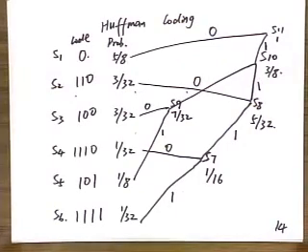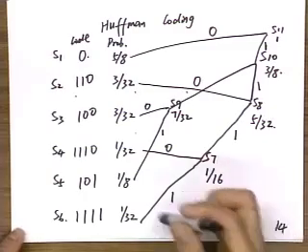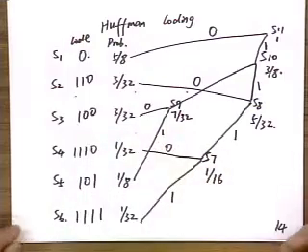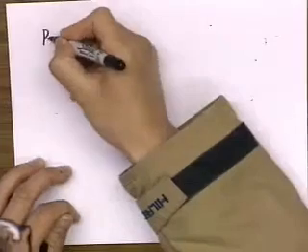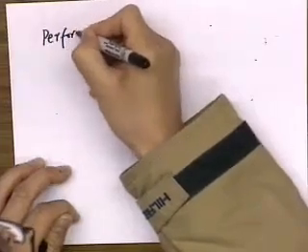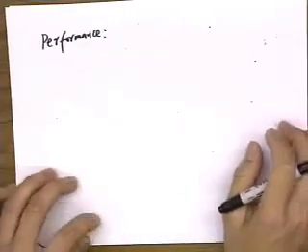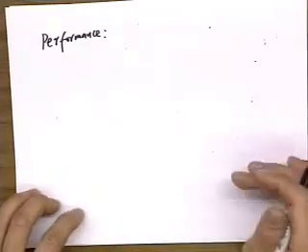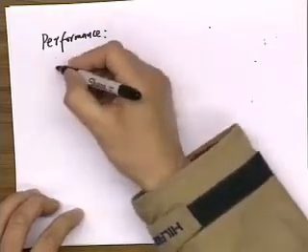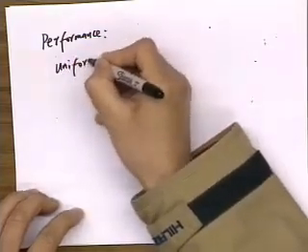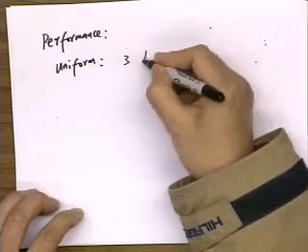So the performance of Huffman coding is actually pretty good. In this case, we have 6 nodes. So if we use equal length bits for each symbol, we have to assign 3 bits per symbol.